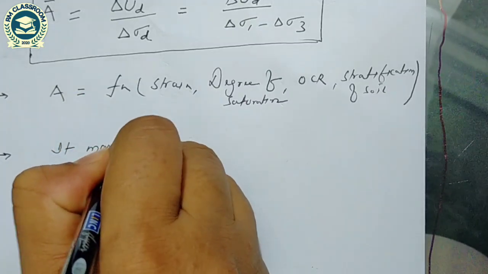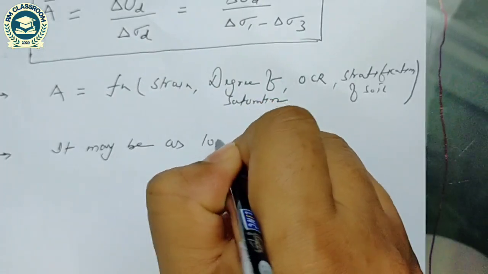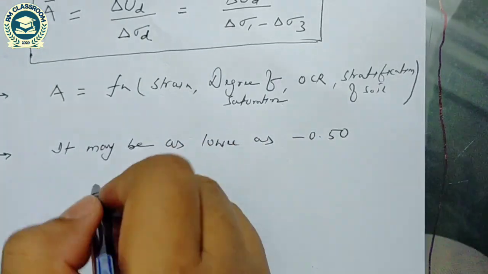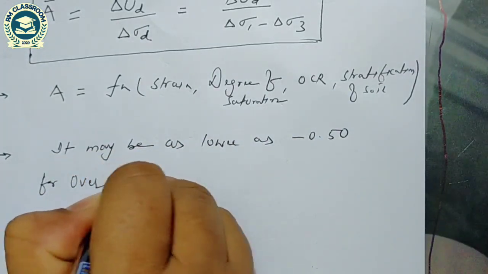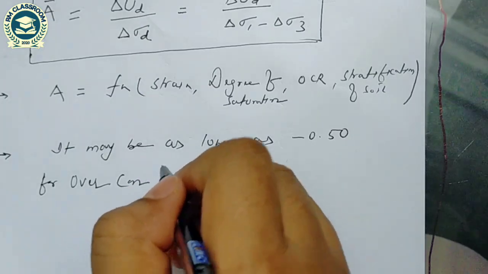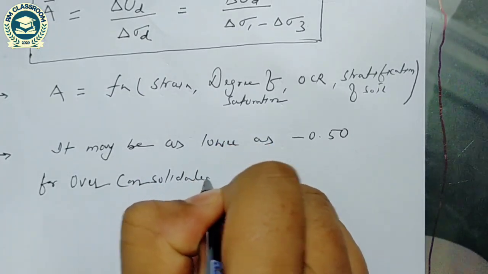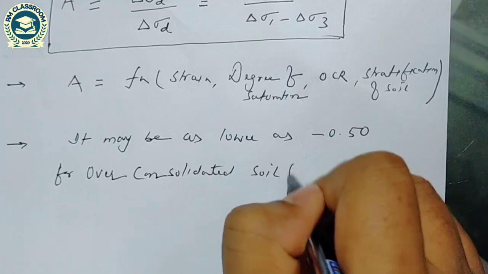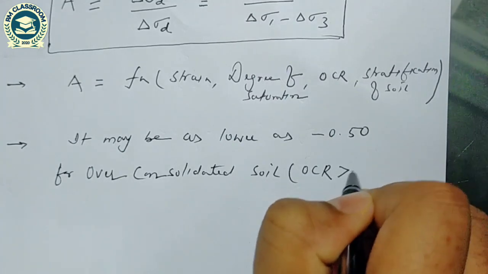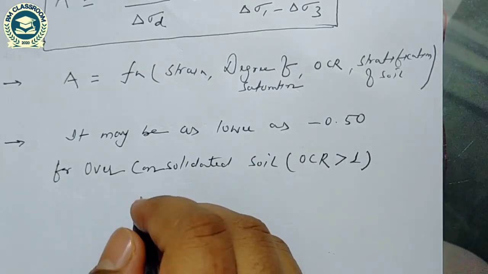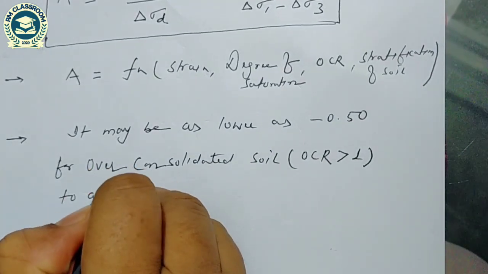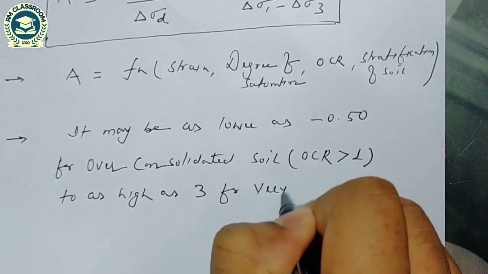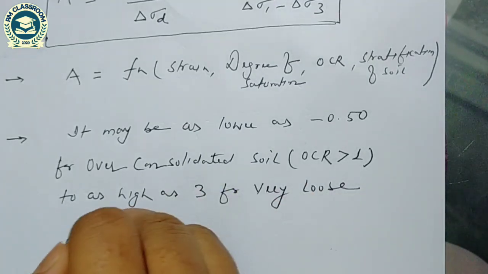It may be as low as minus 0.5 for over consolidated soil, where over consolidated soil is when the over consolidation ratio (OCR) is greater than 1, to as high as 3-4 for very loose saturated sand.